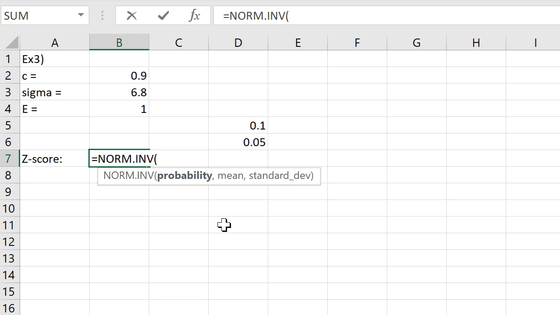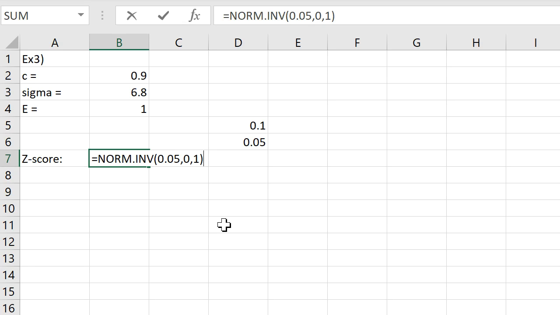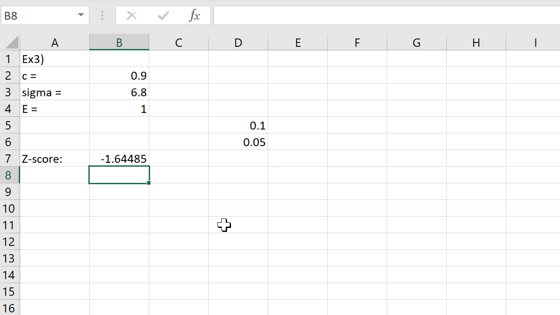The probability is going to be 0.05. And we're just using the standard normal distribution here, so the mean is 0 and the standard deviation is 1. Hit enter, and we get negative 1.64485.